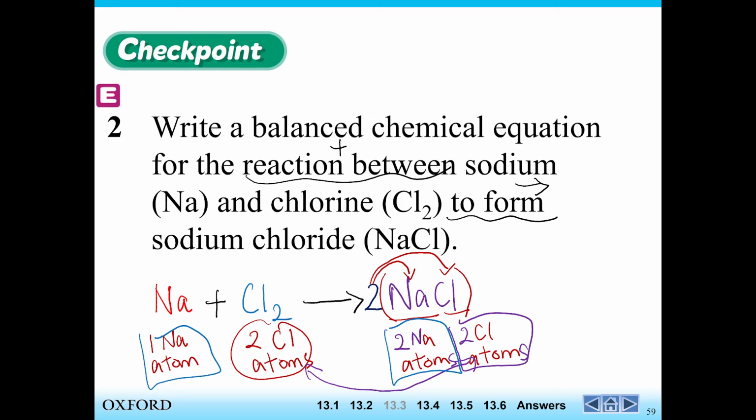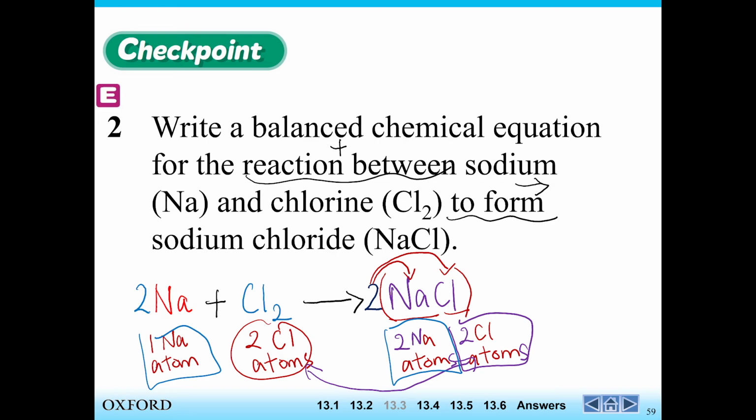So don't worry. How can you balance it? You add a 2. Now guys, please don't add the 2 at the bottom. When you're balancing, you always balance by adding the coefficient to the front, so you're going to add it here.